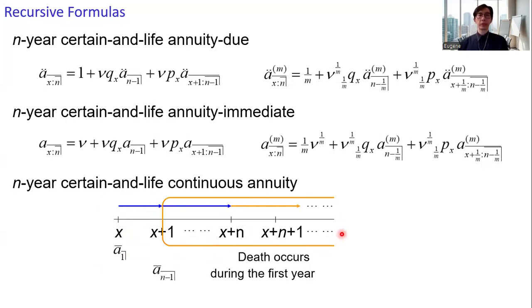If death occurs during the first year, then the actuarial present value of the remaining payments corresponds to the actuarial present value of an n-1 year certain and life continuous annuity issued to age x plus 1, but this is within the certain period. So this is an annuity certain, A bar angle n-1.